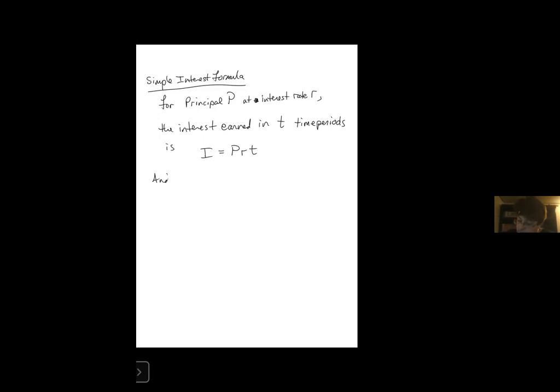And the total amount A accumulated in the account after T time periods is the original P plus the interest earned, so A equals P plus P times RT.